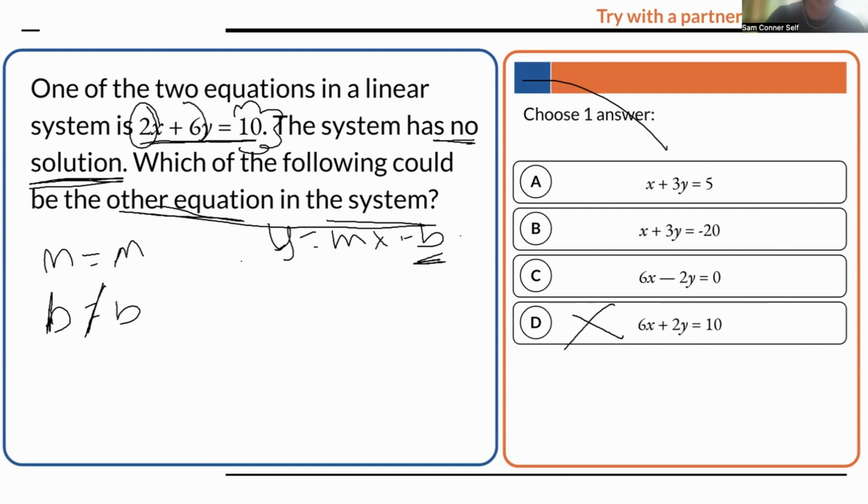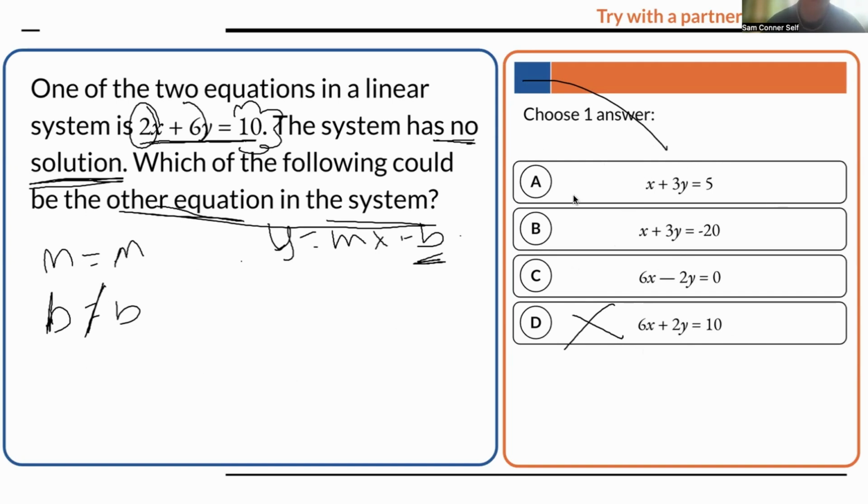So to people who said D in the chat, D is not going to be correct. But once we know that, we have that eliminated. Let's look at these other equations.